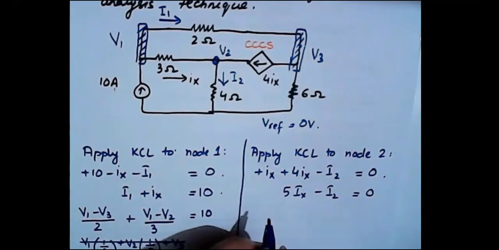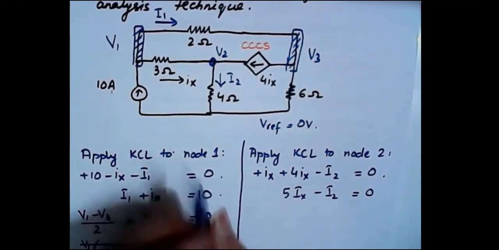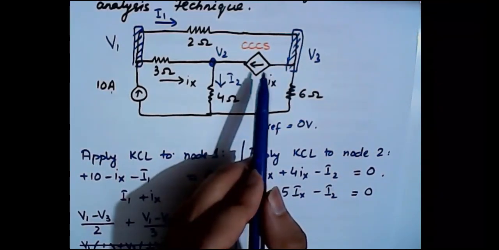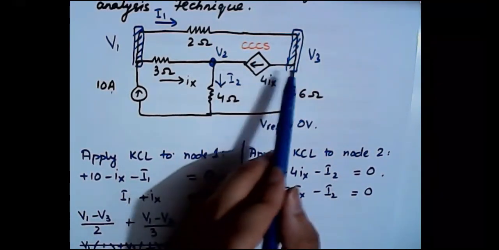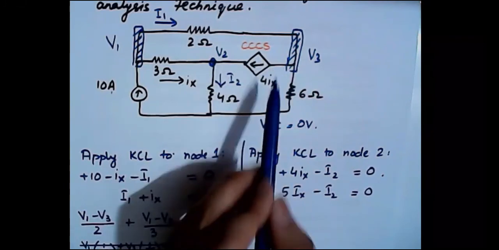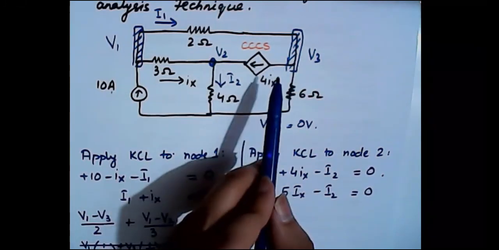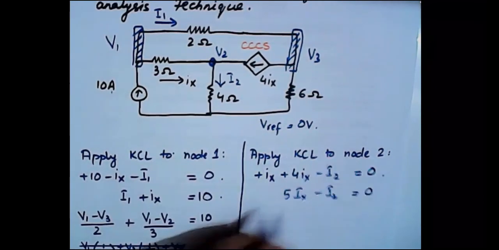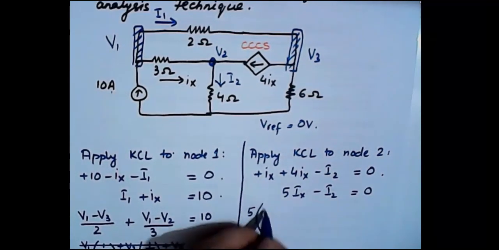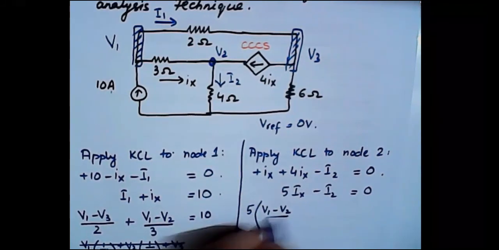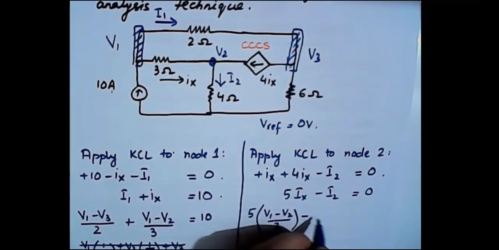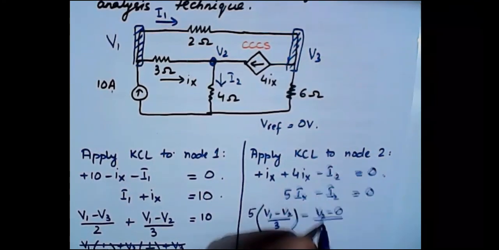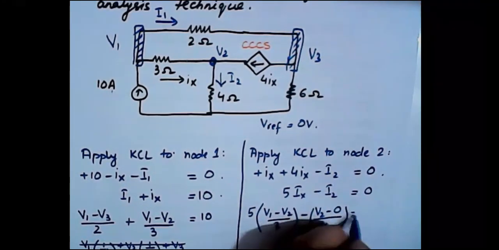We already know the value of Ix. What is its value? Now here you can see you cannot find the value from the difference of these branches, because it's dependent, right? So you need to go to the controlling parameter Ix, and we know the value of Ix is V1 minus V2 divided by 3. I2 is V2 minus 0 divided by 4, and that is equal to 0.